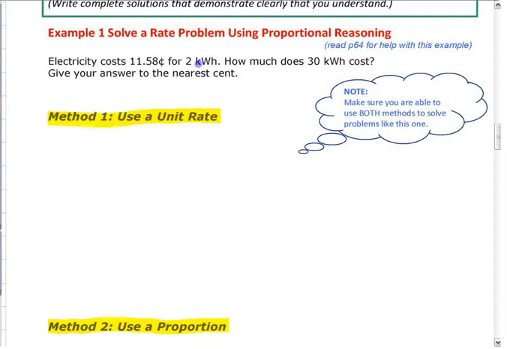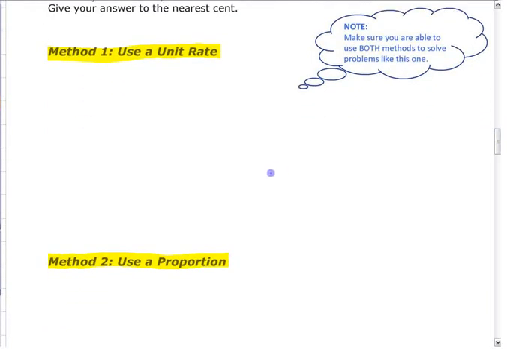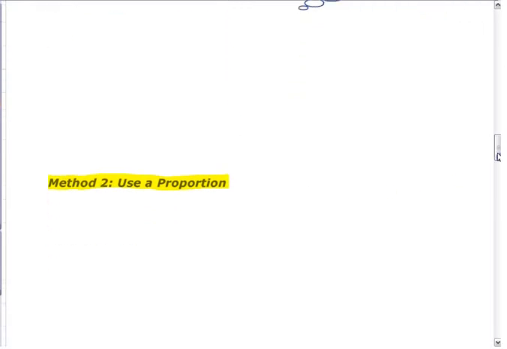This is using a certain amount of electricity for an hour. That's what 1 kilowatt hour is. Not to get into the science of it, but these are units of electrical energy. And these are obviously units of money. Okay? You can work it out. You can come up with a rate per kilowatt hour, or you can come up with a proportion.